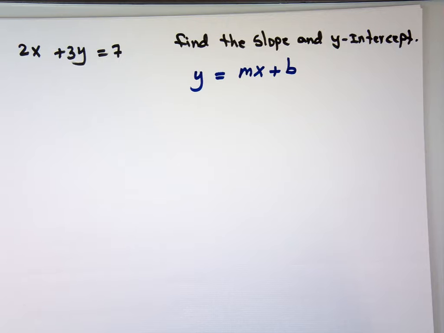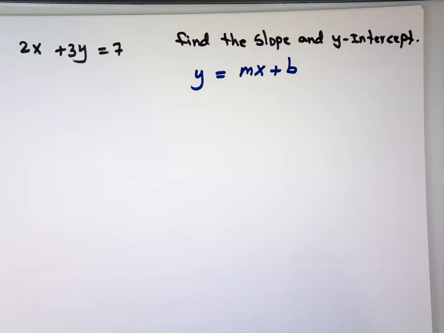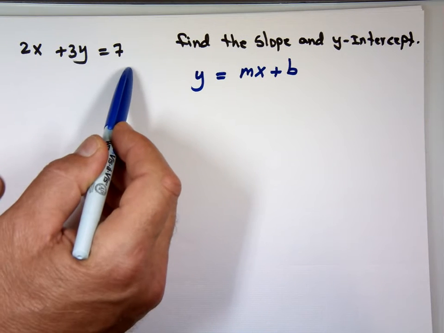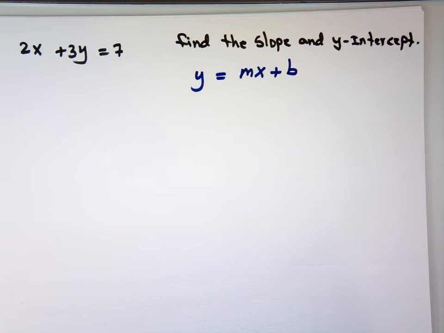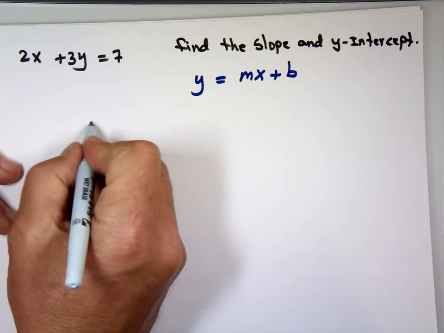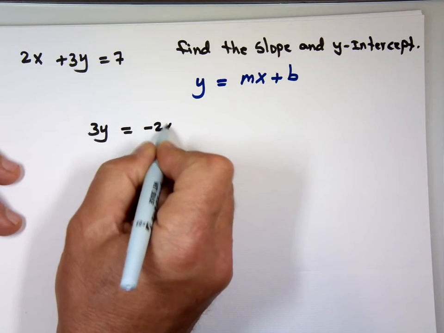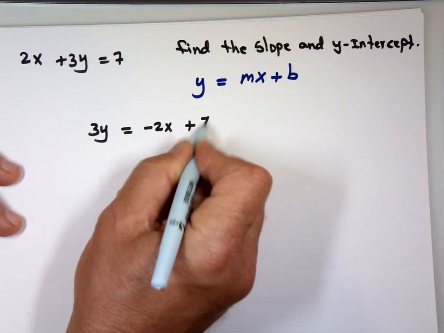Why? Because I need to take that and solve it for y first. How do you solve that equation for y? I need to take that 2x and move it to that side. If I move it there, I will have 3y equals negative 2x plus 7.